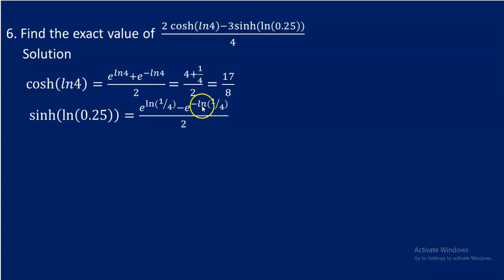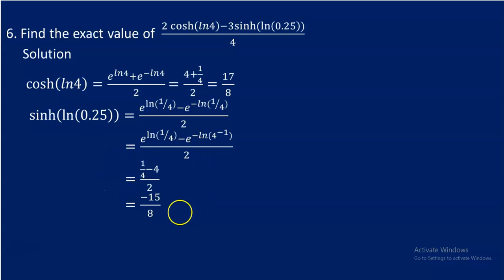Hence 4 is going to come for this term. So what you need to have is the following. As you see, 1 over 4 is written as it is directly, and here 4 is used because having extra minus here makes negative 1, which actually is positive 1. So you see 1 over 4 minus 4, over 2 can follow, and from this negative 15 over 8 can come. Just try to simplify this.